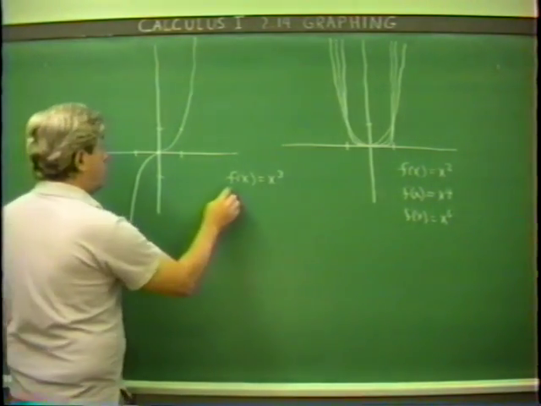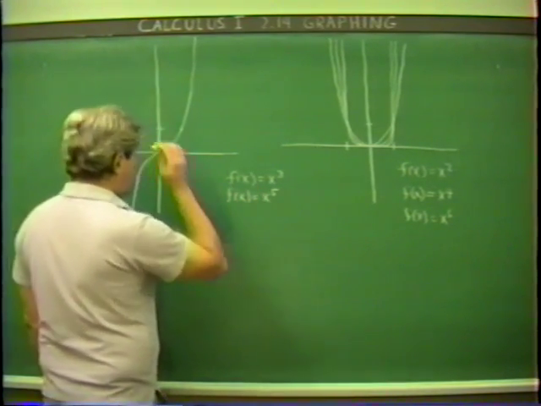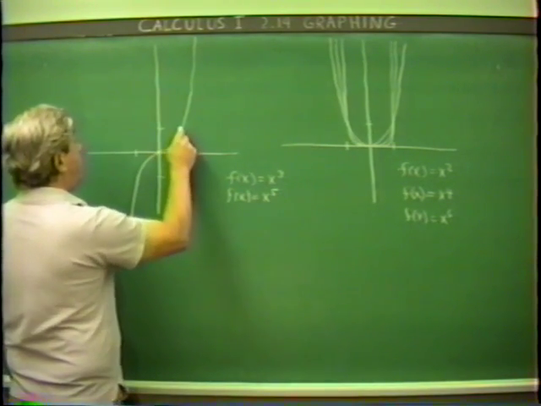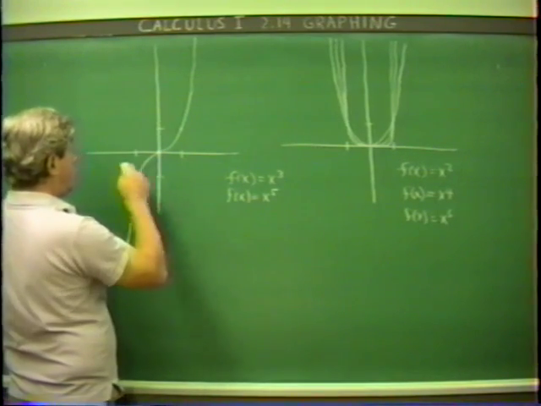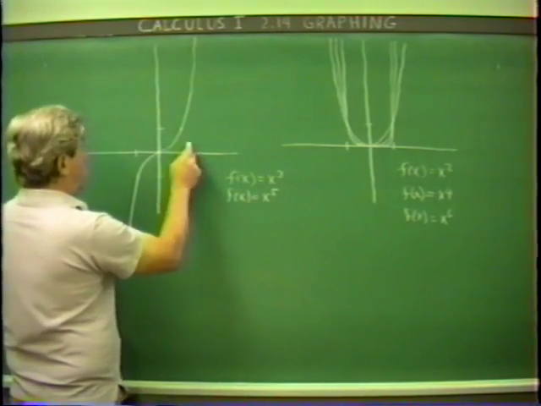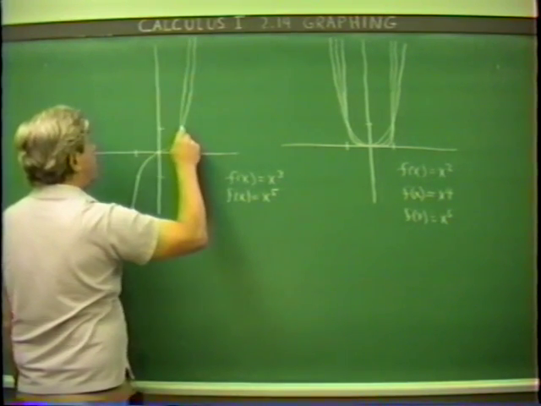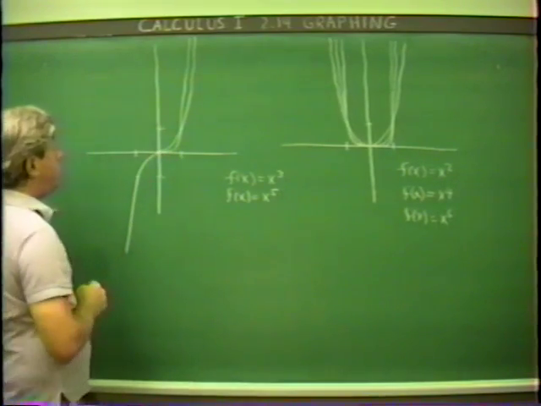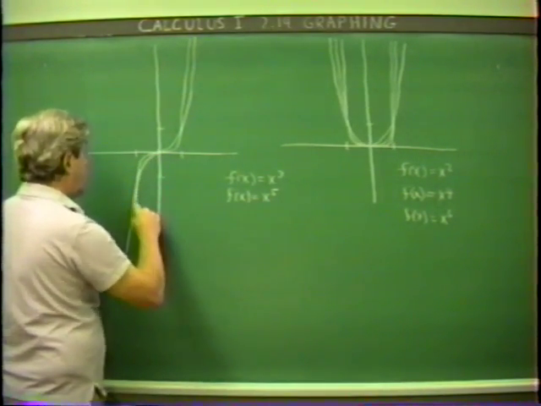For the 5th power, if we take the 5th power of x, it's also 1 at 1, and at minus 1 it's minus 1. And the 5th power increases more rapidly than the 3rd when x is larger than 1, and it's smaller when x is between 0 and 1, and it again is symmetric about the origin and looks like this.